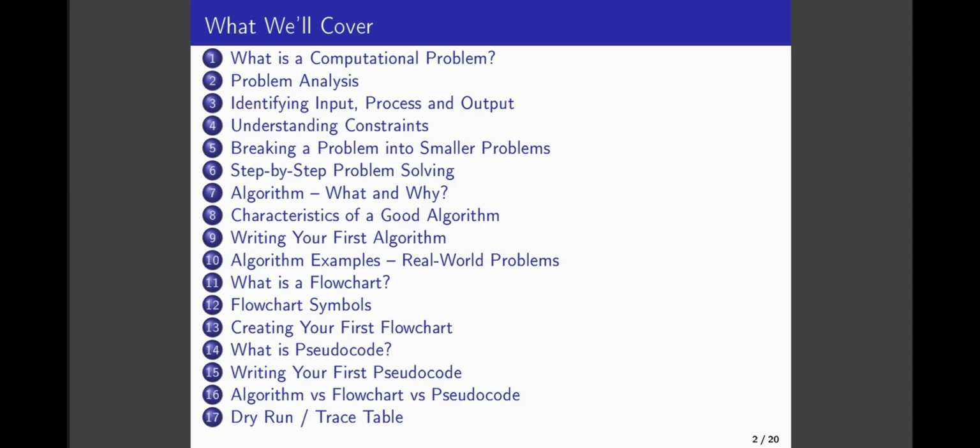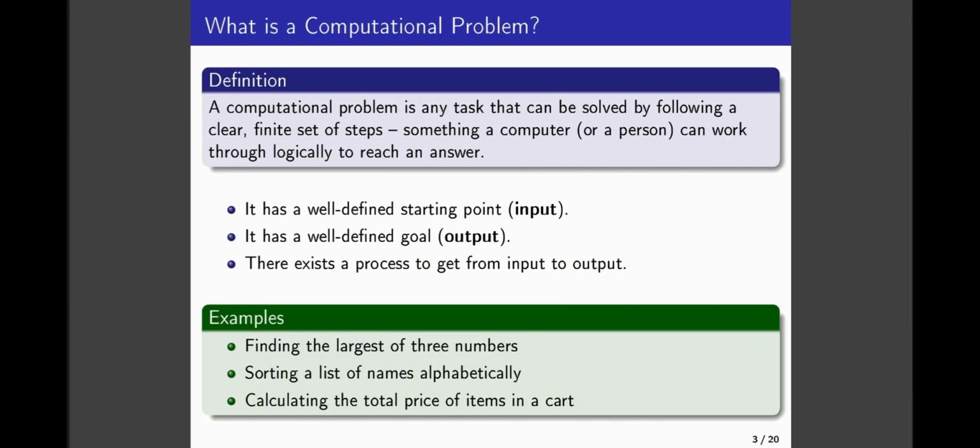So let's start. First, we need to know what exactly a computational problem is. It's any task that can be solved by following a clear, finite set of steps, something a computer or even a person can logically work through to reach an answer. Every computational problem shares three things.